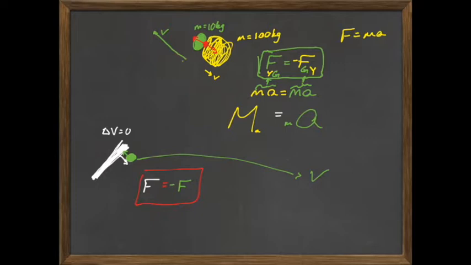You could have a car towing a truck, or a truck towing a car, and the truck is applying a force on the car, and the car is applying a force on the truck, and those forces are going to be equal. It doesn't matter if the system is moving at constant speed, if it's accelerating, or what the system is doing. If the two objects are interacting, the forces between them are equal and opposite, no matter what.